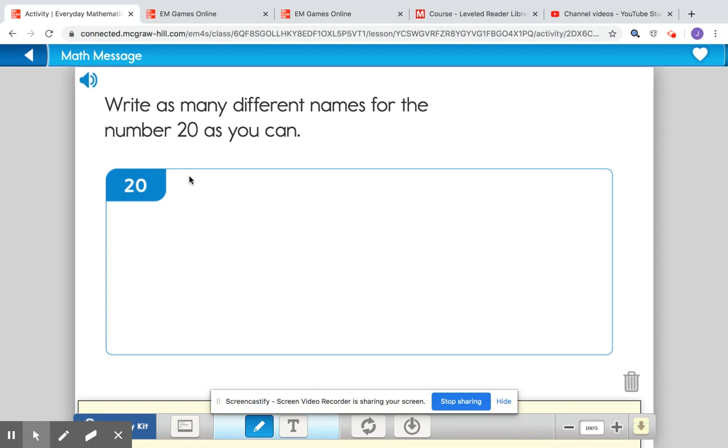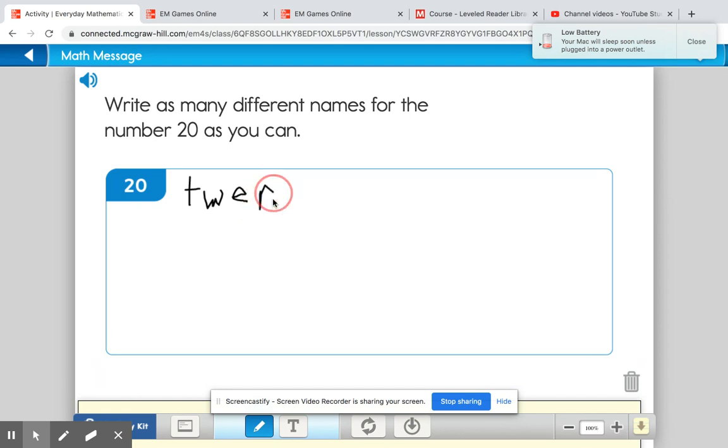And the first sound I hear is T. The next sound I hear is W. The next sound I hear is E. The next sound I hear is N for N. The next sound I hear is T. And the last sound in the number 20, it does sound like the letter E, but we also know that Y says E sometimes, and Y is our last letter.